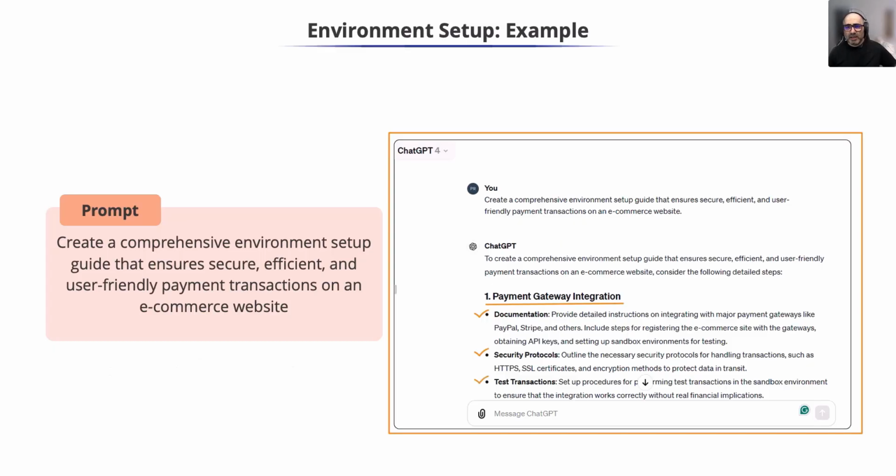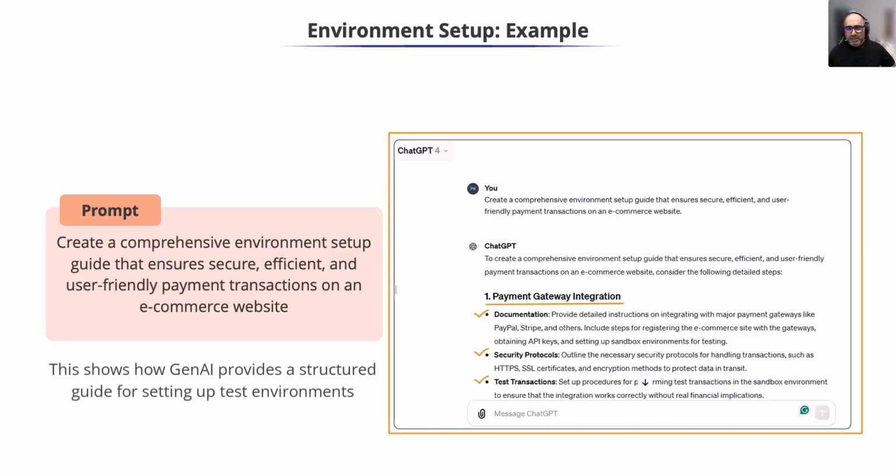Finally, it mentioned test transactions and advises us to set up procedures for performing test transactions in a sandbox environment to ensure that the integration works correctly without real financial implications. Sandbox environments are essential for testing payments without actually spending real money. ChatGPT is highlighting the importance of setting this up correctly.